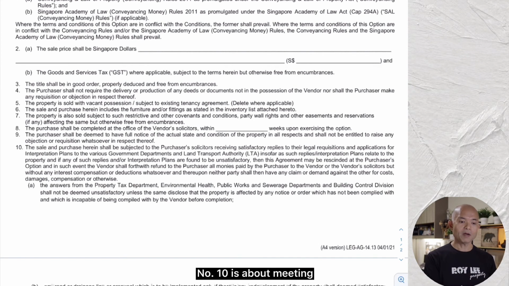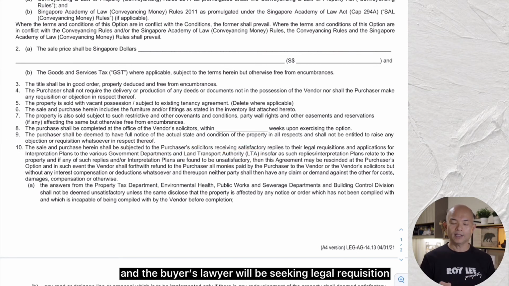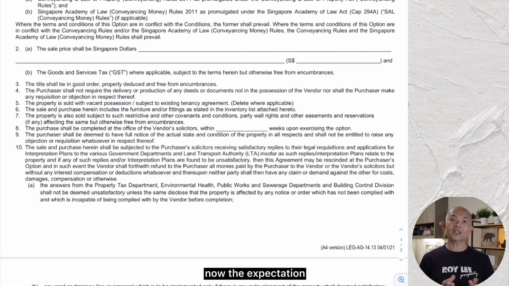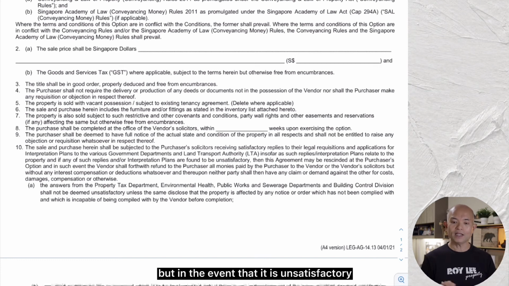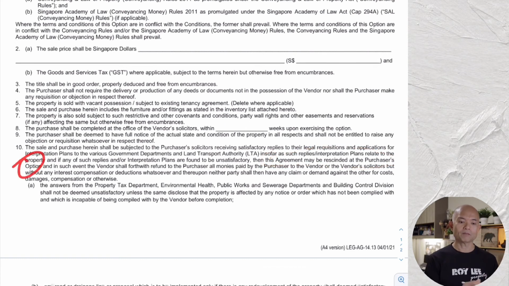Number 10 is about meeting government departments and LTA's regulations, and the buyer's lawyer will be seeking legal requisitions and applications for interpretation plans to these departments. Now the expectation is that the replies have to be satisfactory, but in the event that they are unsatisfactory, then this agreement may be rescinded at the buyer's option.